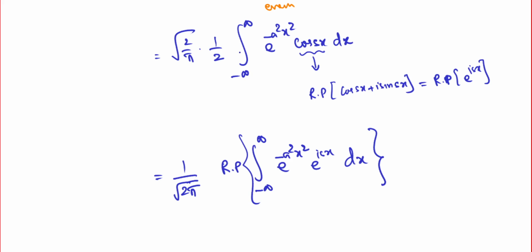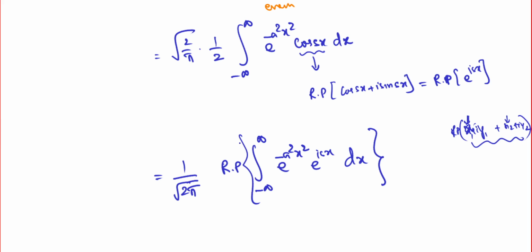I can also take this outside of an integration, by the sum property. For example, if you have two numbers x1 plus i y1 and x2 plus i y2, and you want the real part of the total, you can take the real part of each and sum them up, or sum them up and then find the real part.